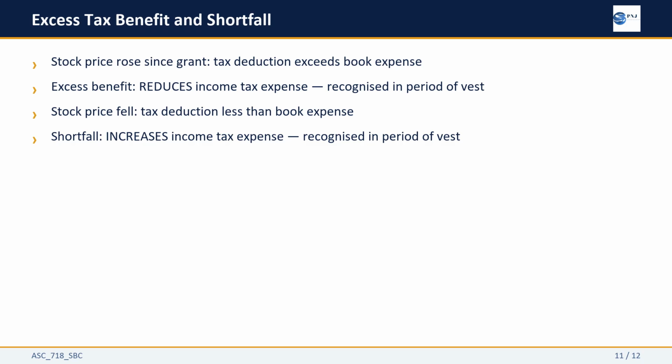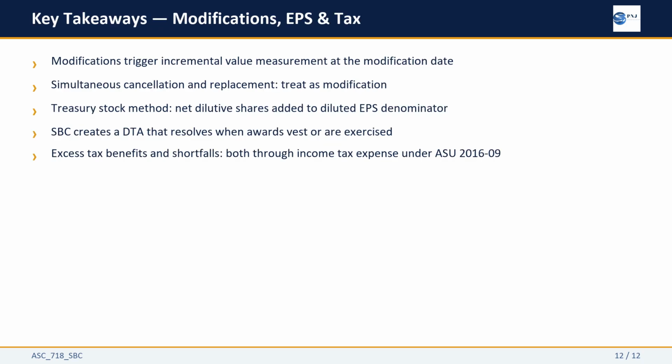Conversely, when awards vest at a price below the grant date fair value, the shortfall increases income tax expense, pushing the effective tax rate above the underlying rate. Both effects are now reported in operating activities on the cash flow statement under ASU 2016-09. Previously, these were reported in financing activities.